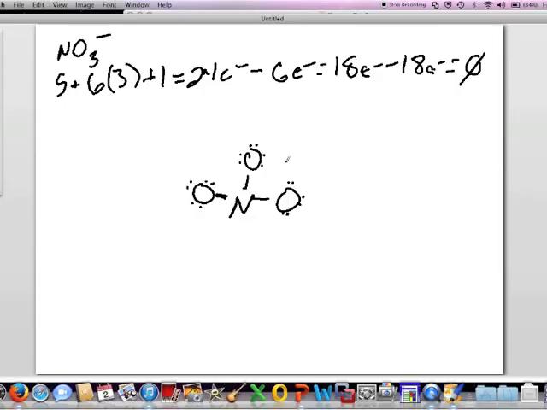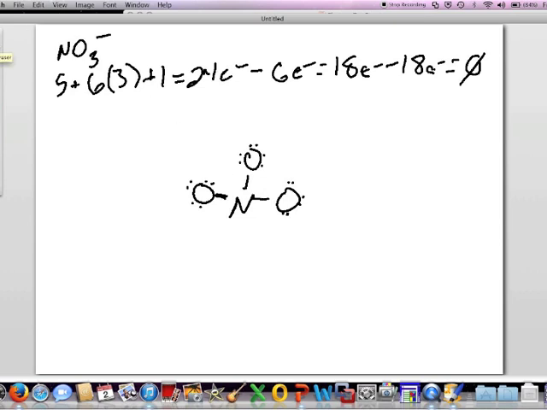Now, in our final step, we need to check to see, does our central atom have at least an octet? Our central atom has 2, 4, 6. Each of these bonds counts as a pair, so it has 6 electrons. It is short of an octet.